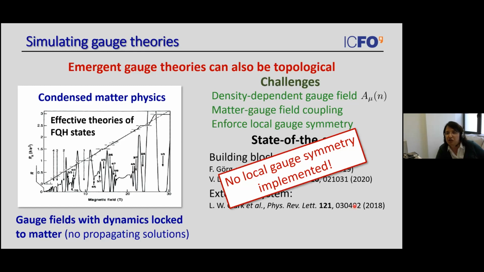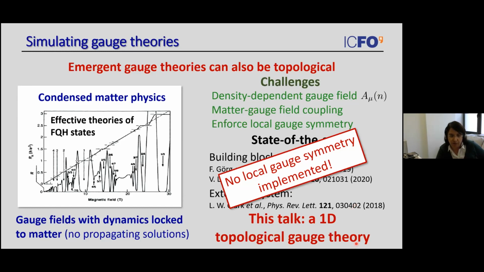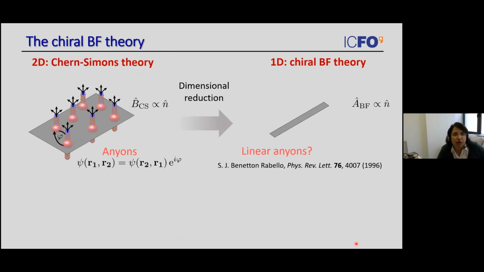And doing the 2D Chern-Simons model that I told you before, this is pretty hard. So we are not yet there. But what I will show you is how we can do a one-dimensional version of it, so a simpler model, which is a topological gauge theory. So let me tell you a bit more about what we exactly do.